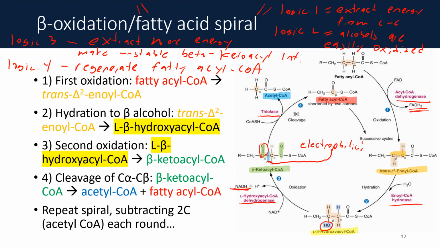And by now, I hope you can appreciate why we call this the fatty acid spiral, because we are going to continue this process in successive cycles until we are down to that final acetyl-CoA fragment, and then we're done. We have fully catabolized our fatty acid into acetyl-CoA units.